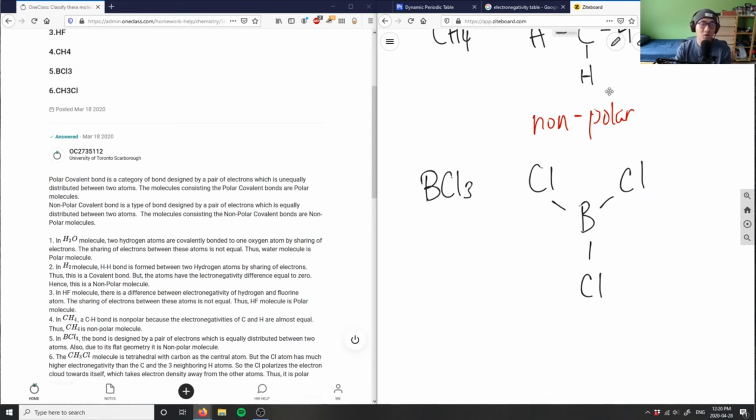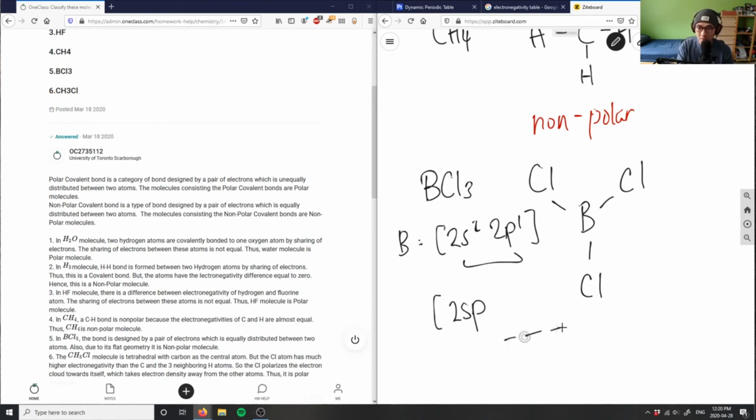You could write out the electron configuration here, and you can say that boron is 2s2 and 2p1. And this hybridizes into sp orbitals. So basically you would get 2 sp orbitals, and you would have three bonding sites.